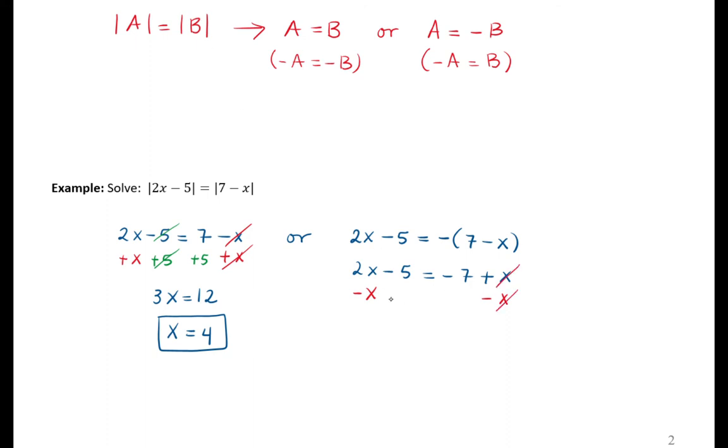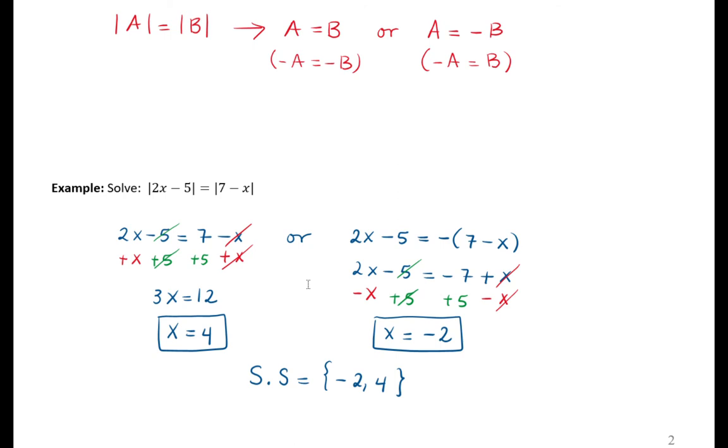And then I add 5 to both sides, so that the 5 on the left side cancels, and I got x equals negative 2. So that's the other solution. So the solution set for this problem can be written as negative 2, 4. See, it's the same argument. You set it equal to itself or you negate it. I hope this problem is clear.